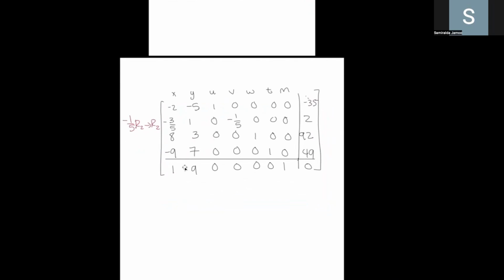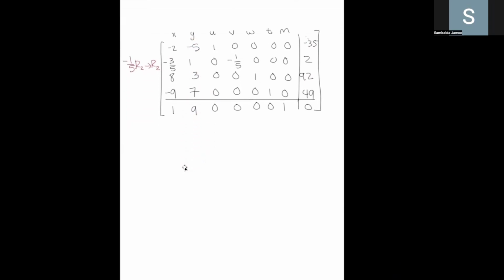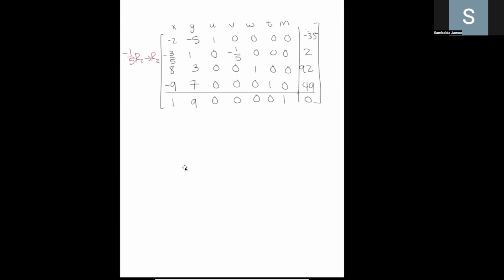Now let's make these ones into zeros. So multiply 5, row 2 plus row 1 in row 1. Negative 3 over 5.